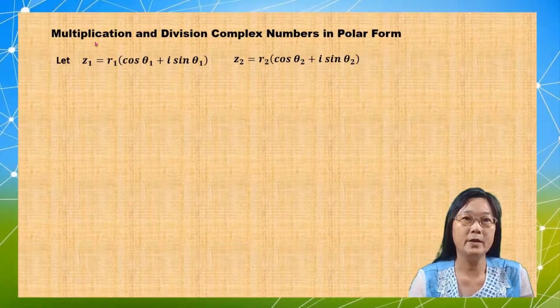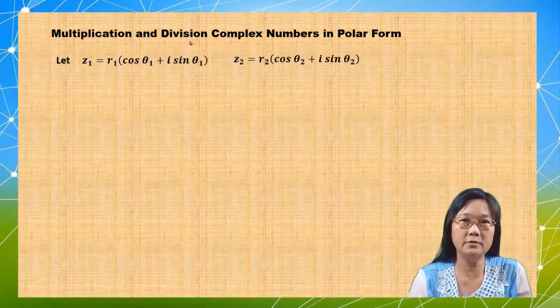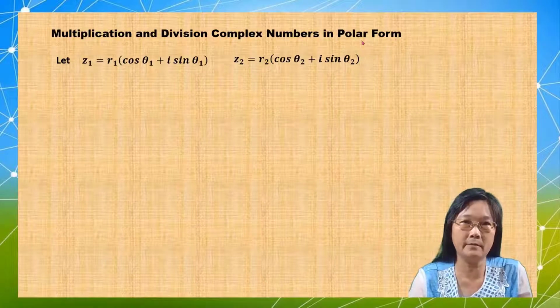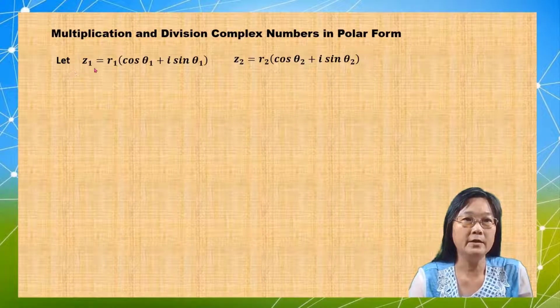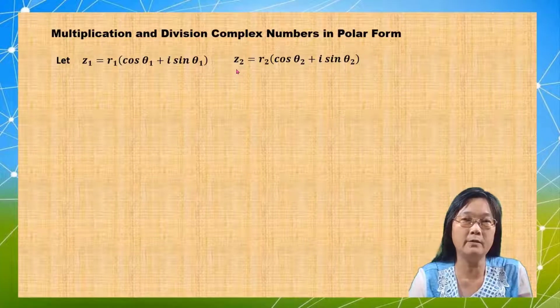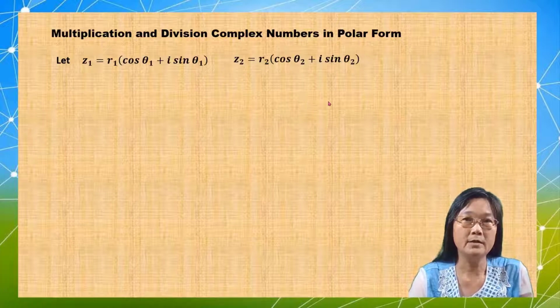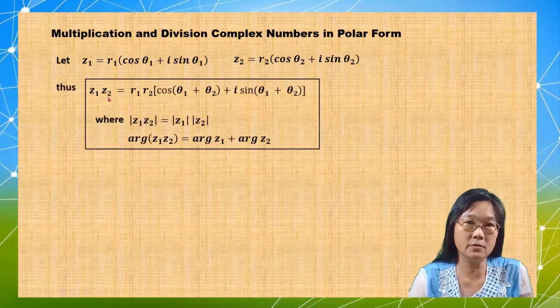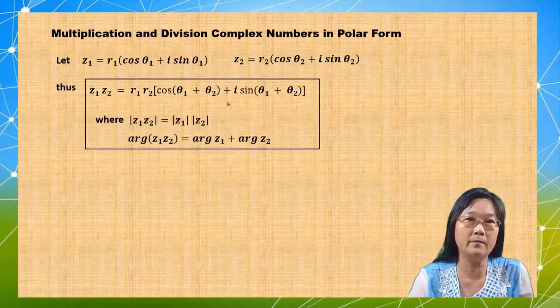Now we go to multiplication and division of complex numbers in polar form. If we are given two complex numbers z1 and z2 in polar form, then we can multiply z1 and z2, where the product is also in polar form.